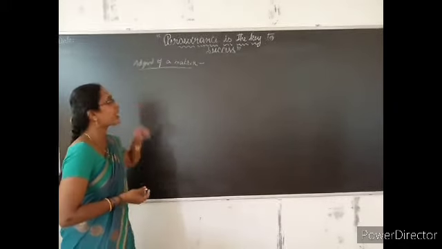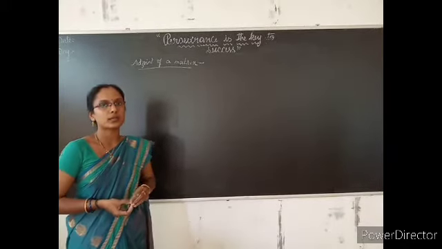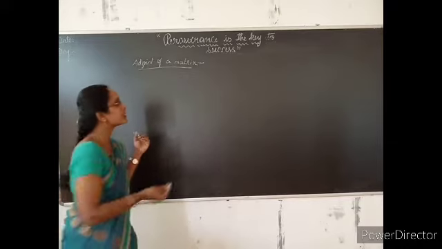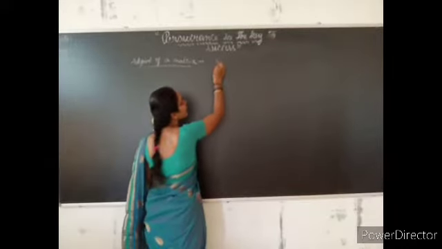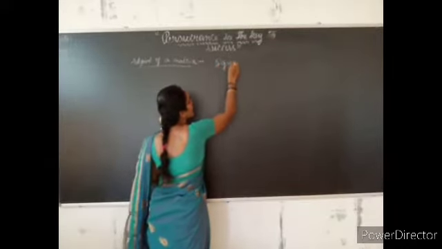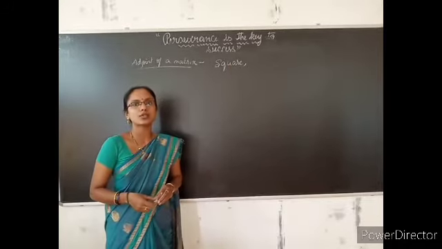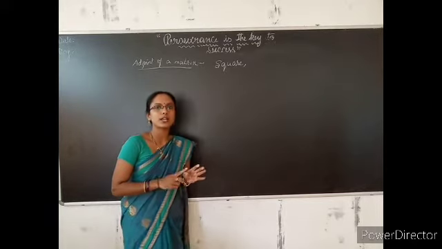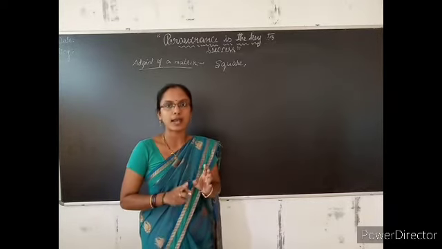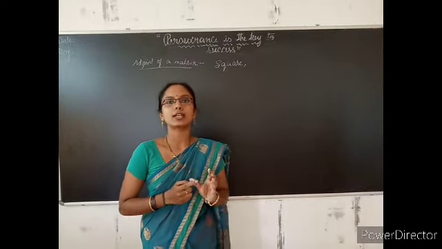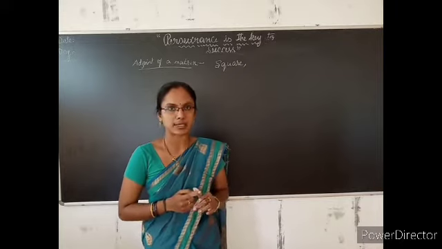Let's see what the adjoint of a matrix is. The adjoint of a matrix is only defined for a square matrix. Therefore, the first condition is that to find the inverse, the matrix should be a square matrix.